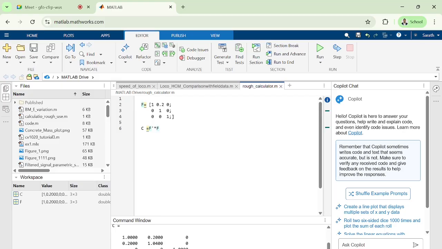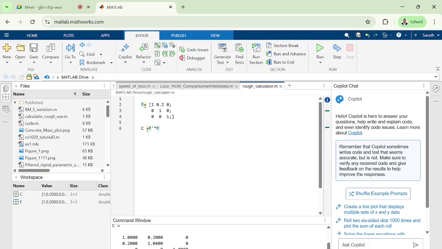So here I'm getting the answer. I'm not getting 1.04 in the computer. I'm just thinking, is there any error? Because first row and first column, 1 times 1 plus 0.2 times 0.2 plus 0.